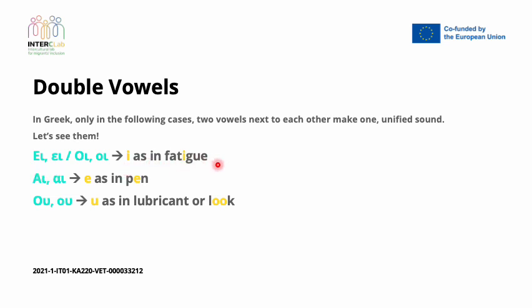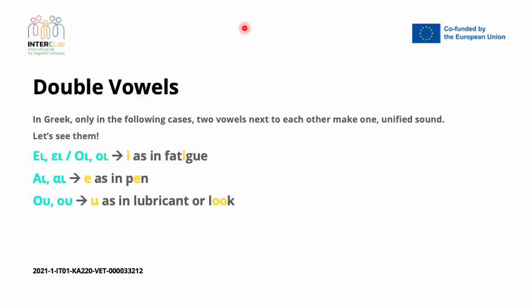The same goes for O and I. O, I, when you see them together, instead of making the sound OI, they make the sound I. Okay, so I and I.